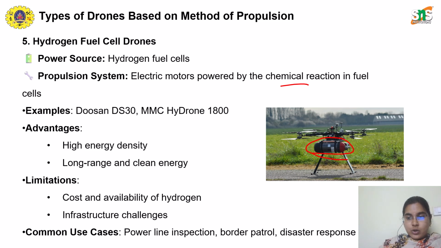Limitations: it's quite costly because we need hydrogen fuel, and infrastructure challenges, and building one with a high payload is very complicated. But it is used for power line inspections, border patrol, disaster response, etc.